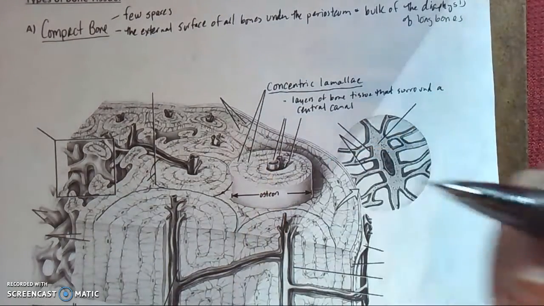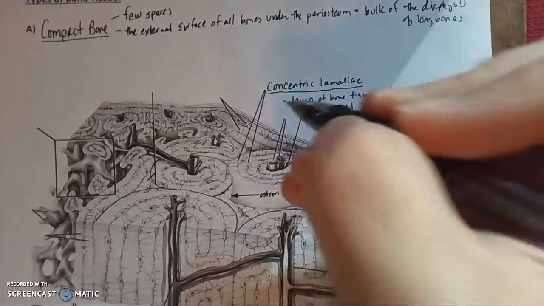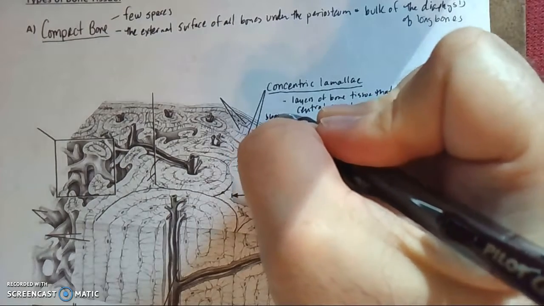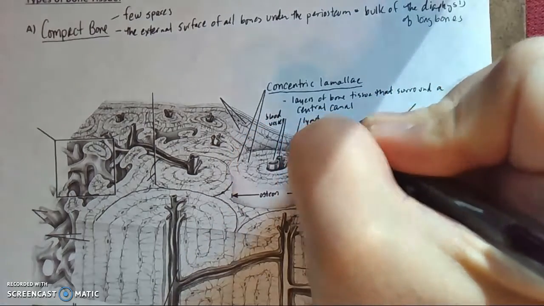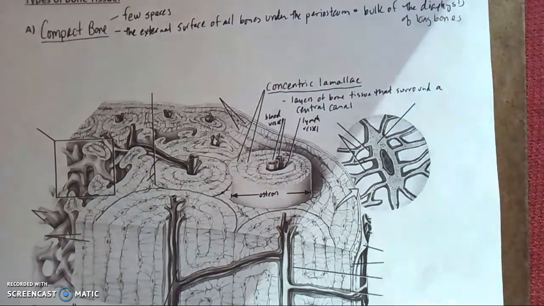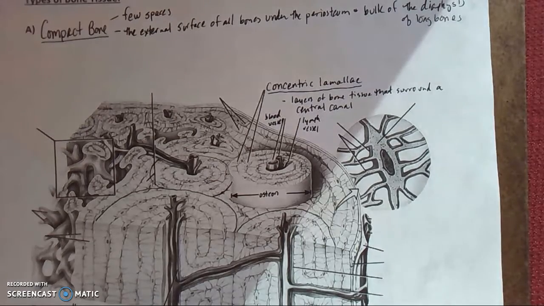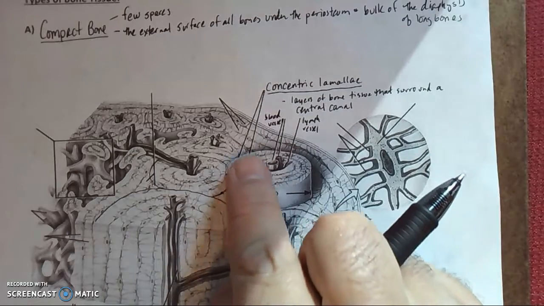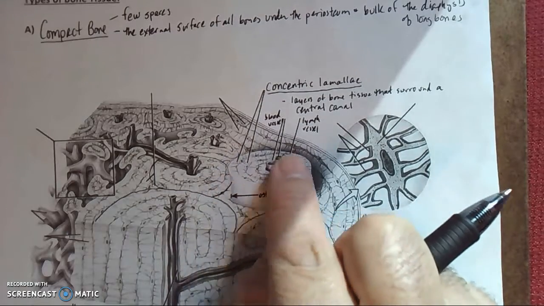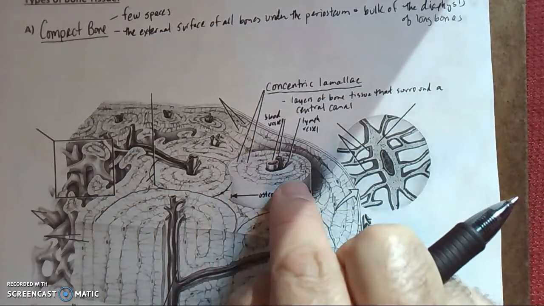Inside of the middle of this osteon, we have blood vessels and a lymph vessel. So this is a concentric lamella, a bone layer.